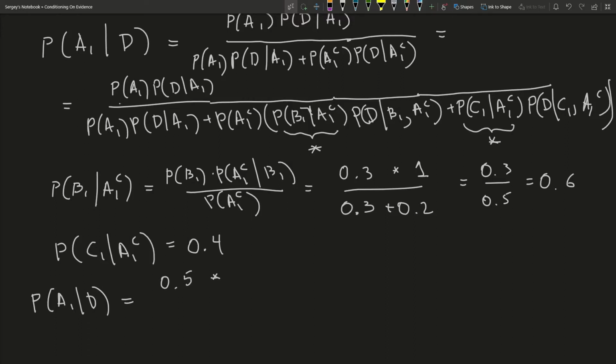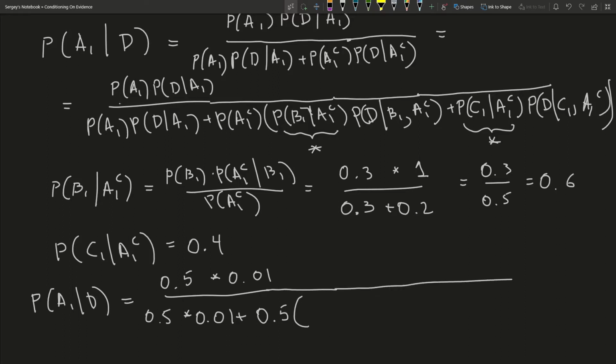And we know its defect rate, which is 1%, over, we copied that expression, plus 50% of the screens are not manufactured at company A. And now we can plug in the values in this long expression, and those values are 0.6 times 0.02 plus the probability of the screen being manufactured at company C, given that it wasn't manufactured at company A, so 0.4, times the defect rate of factory C, which is 0.03. And simplifying, we get 0.29.